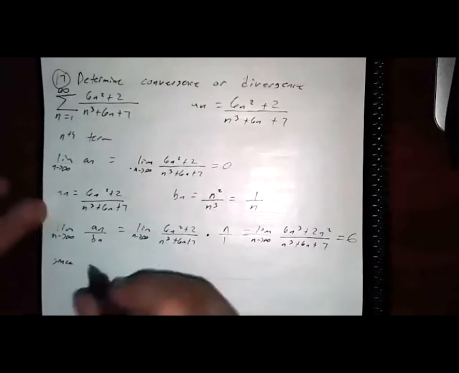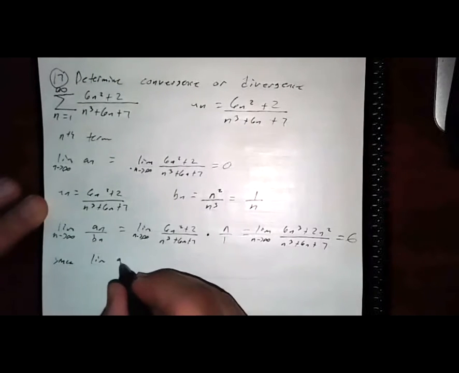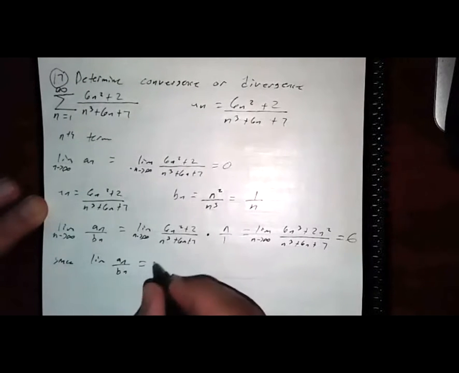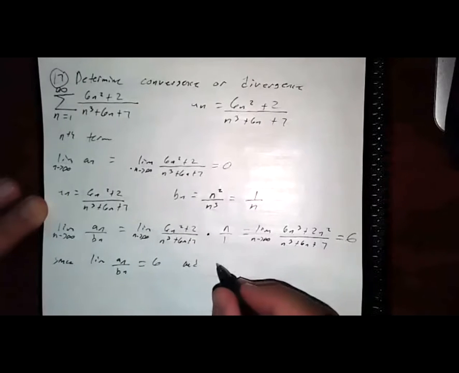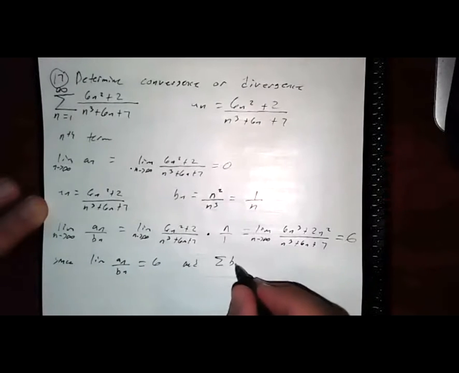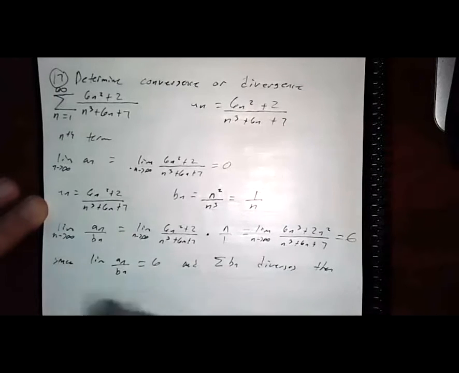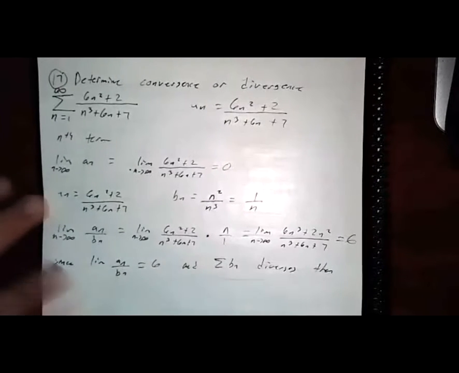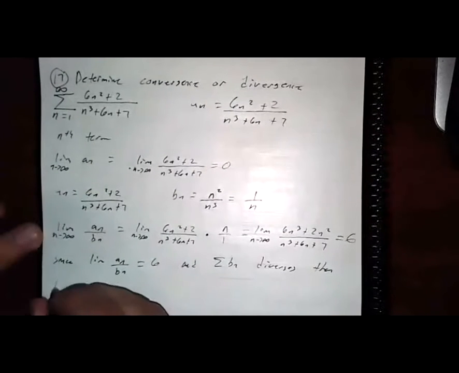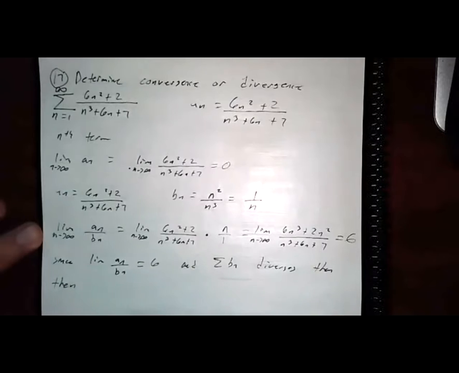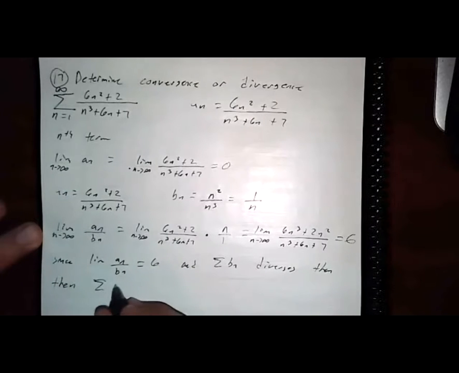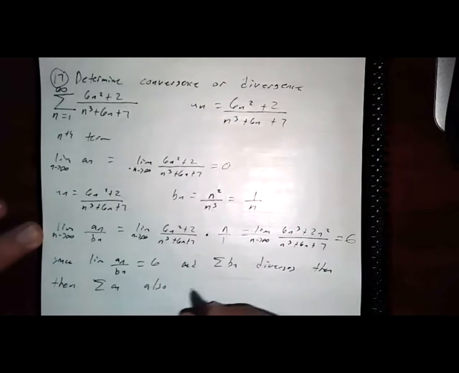So since the limit of a sub n over b sub n is equal to 6, and the series b sub n diverges, then the series a sub n also diverges.